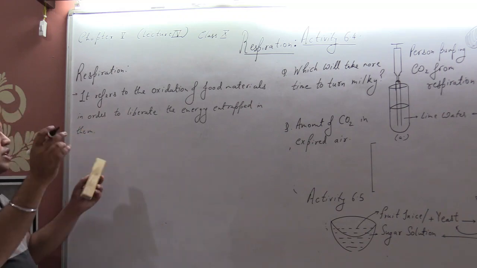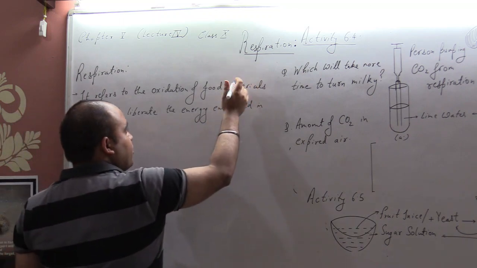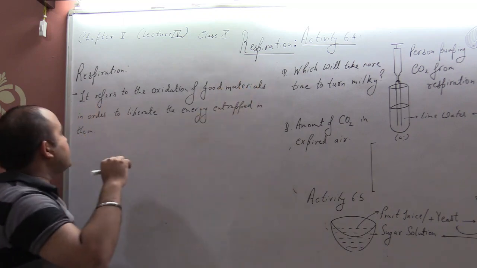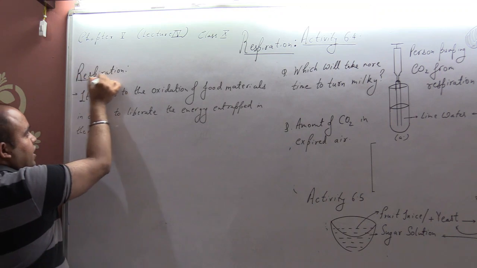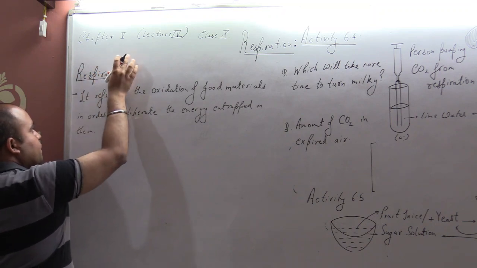So it refers to the oxidation of food materials in order to liberate the energy entrapped in them. So the food materials can be effectively oxidized in a process that is referred to as cellular respiration. Okay.